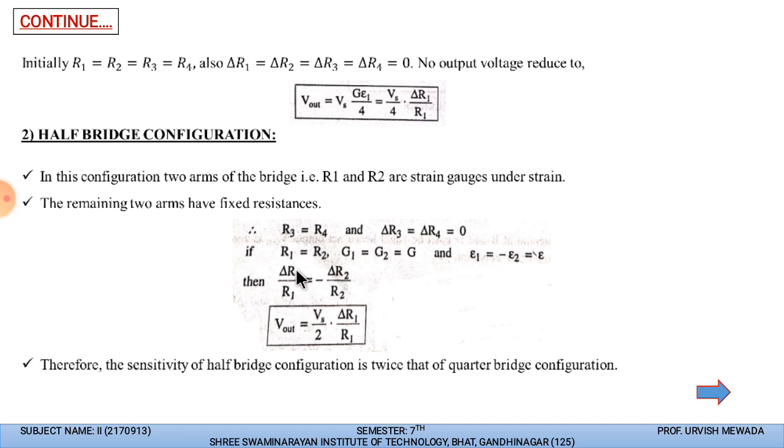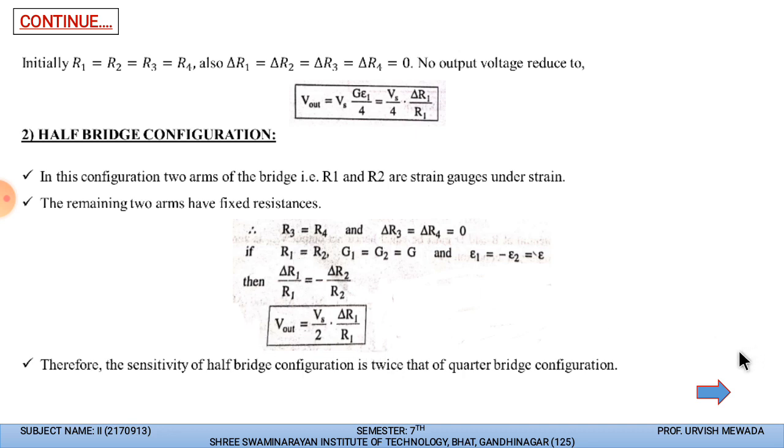So delta R1 by R1 is the resistance that we are changing, and similarly delta R2 by R2. So Vout will become Vs by 2 into delta R1 by R1. This is the equation from which we can determine the output voltage when we use the half bridge configuration.